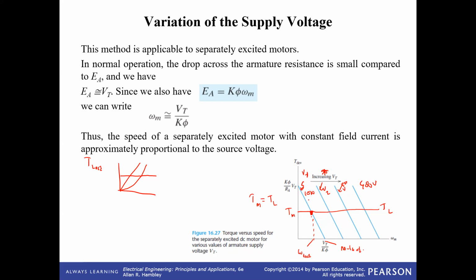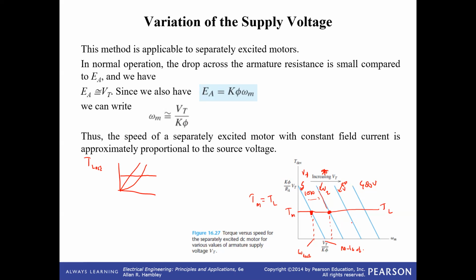If you want to increase the speed, what you need to do is increase the voltage supply. For example, from 100 to 200, you will have a new characteristic, shifted to this one. The intersection between the load torque and your motor characteristic will give you the new speed.